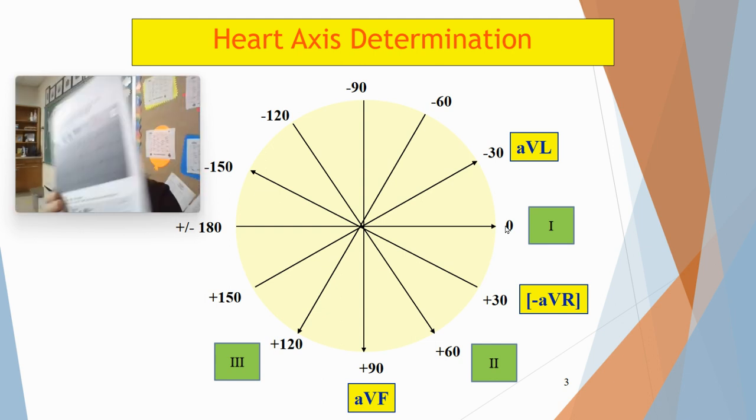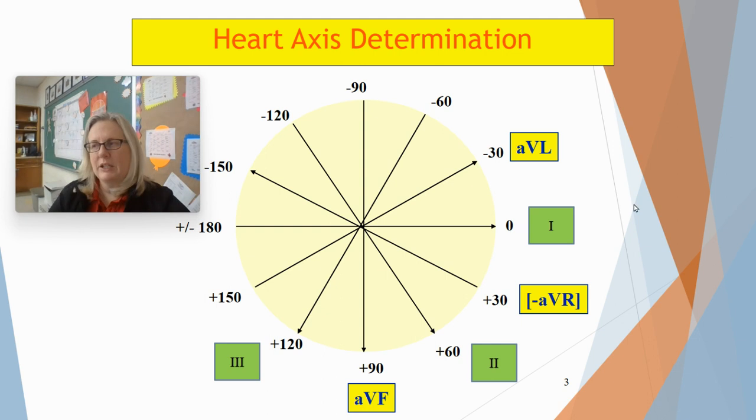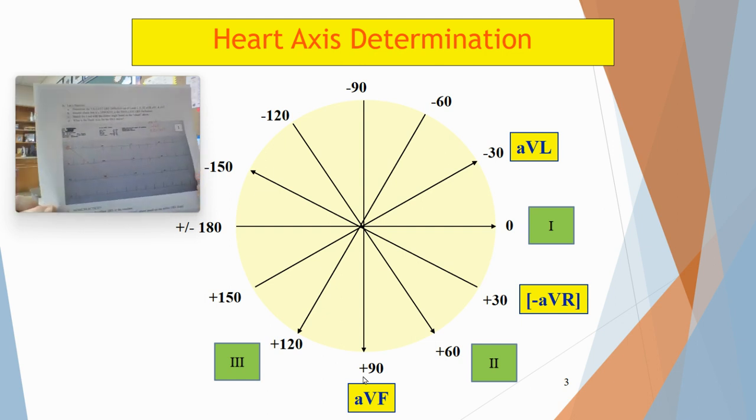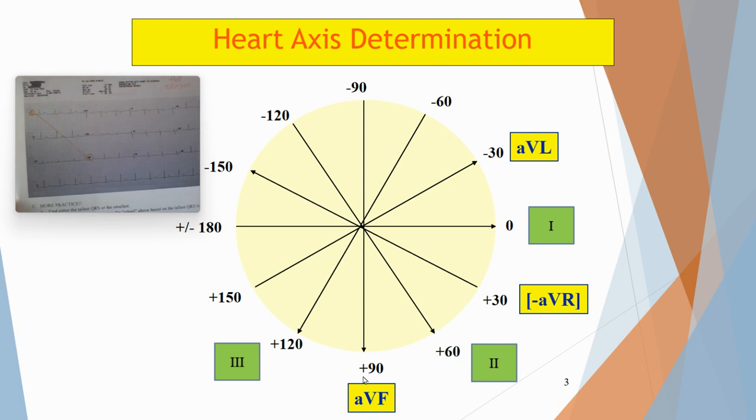So lead 1, 90 degrees away from lead 1 is AVF. So I'm going to circle 1 and AVF, using a bright color here. 1 and AVF are always going to be opposites. So circle the 1, circle the AVF, and make them opposites. This is just like a little cheat sheet for you to keep on hand.